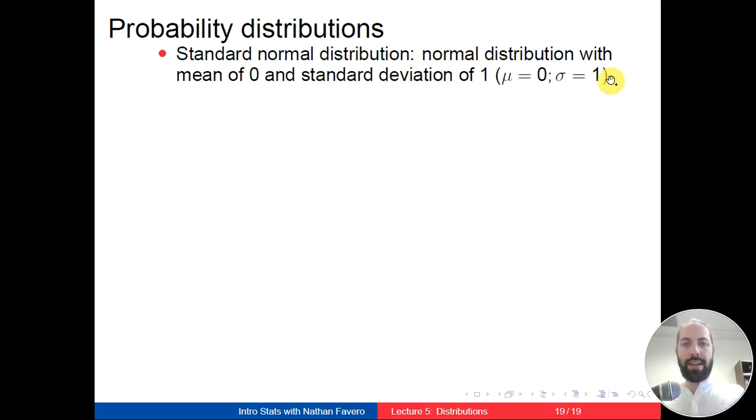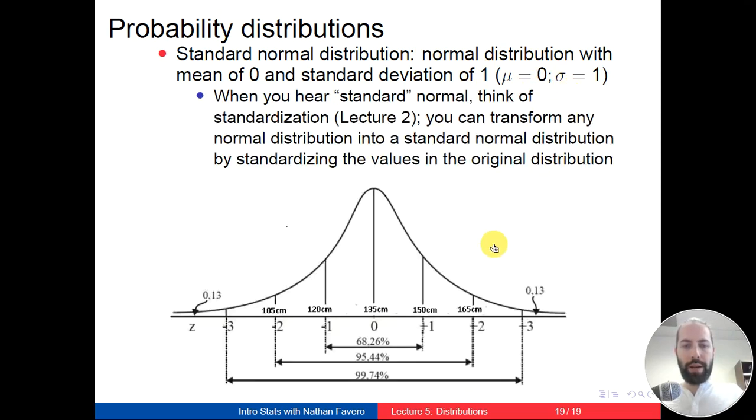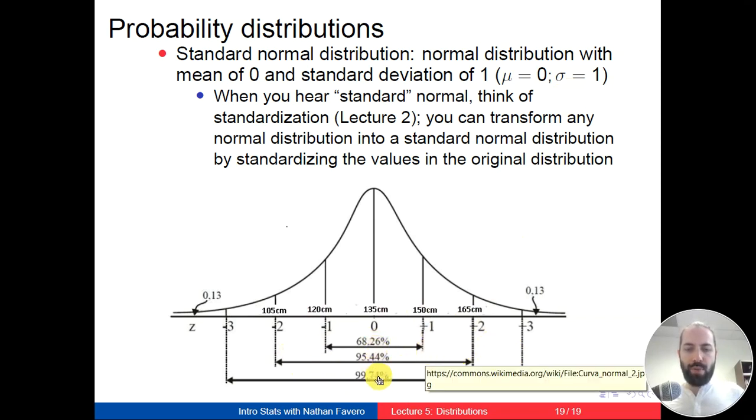Okay, so the standard normal distribution is the normal distribution with a mean of 0 and a standard deviation of 1. And so if we apply these rules that we had from the prior slide, you can see they've used more decimal places here now. So these percentages are slightly different than we saw on the previous slide.